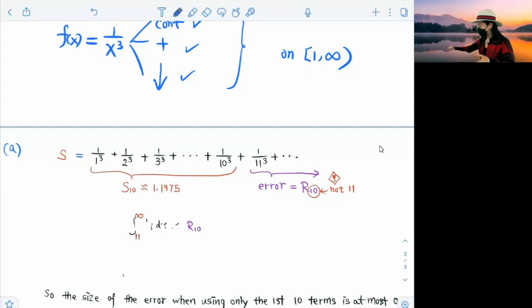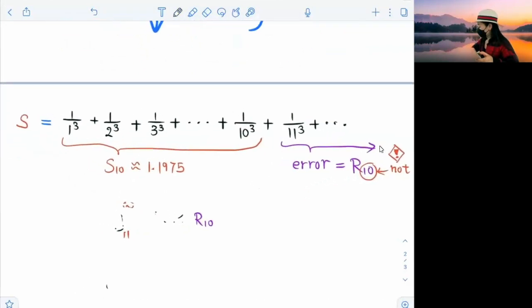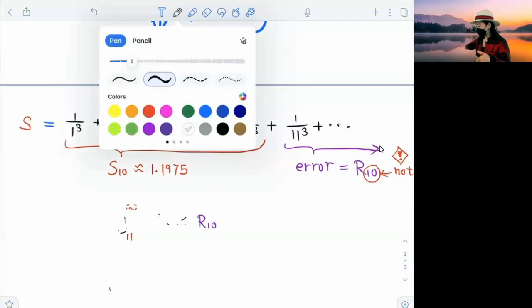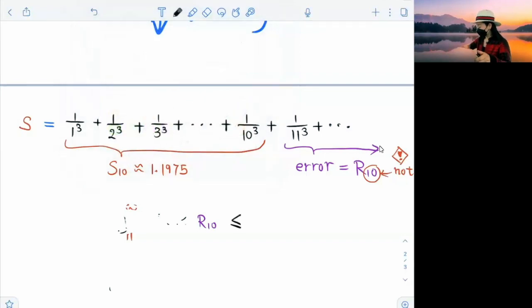Okay, so R of 10 is bounded above by an integral, bounded below by an integral, right? Okay. What is the above integral? Okay, maybe it's better that I write it down. So it's going to be bounded by an integral here and an integral here, of the function, which is 1 over x cubed, 1 over x cubed dx.